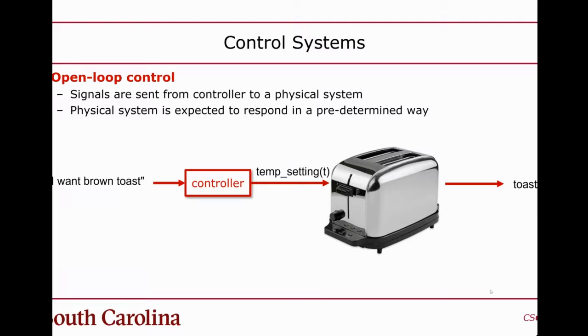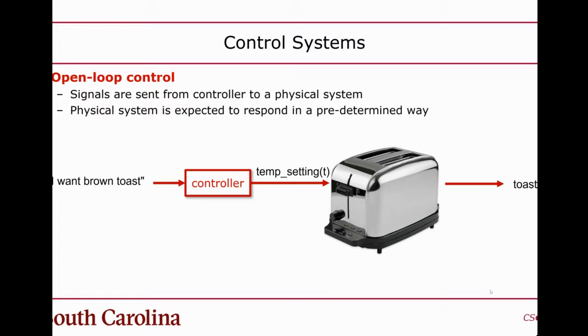And the controller takes an input and then sends a control signal of some kind to the plant, but then there's no feedback, so it's open loop. Open loop systems are fine if the plant can be modeled perfectly. Then you don't need a feedback.